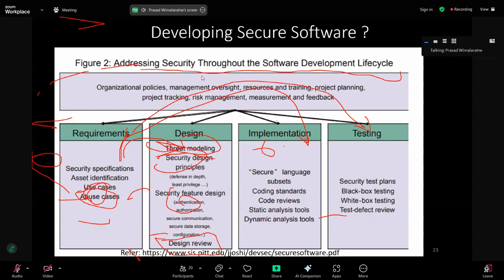And when it comes to development or implementation, like I said earlier, secure coding guidelines, conducting code reviews, and using various tools for static code analysis and dynamic code analysis. So we'll be exposed to some of the tools for analyzing code.